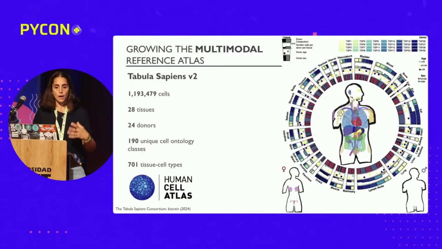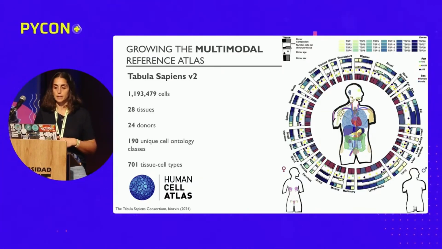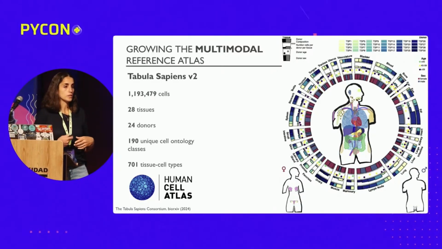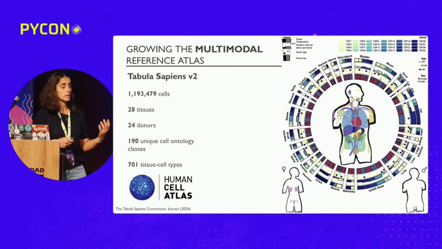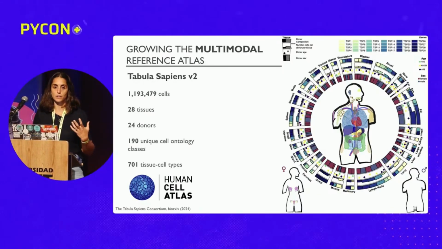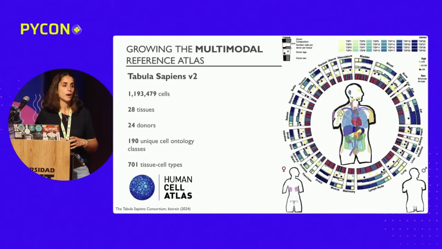We have increased the number of tissues, the number of donors, and the number of cell types. And so this continues to grow as one of the contributing projects for the Human Cell Atlas, which is a global effort across the world to really map all the cells.